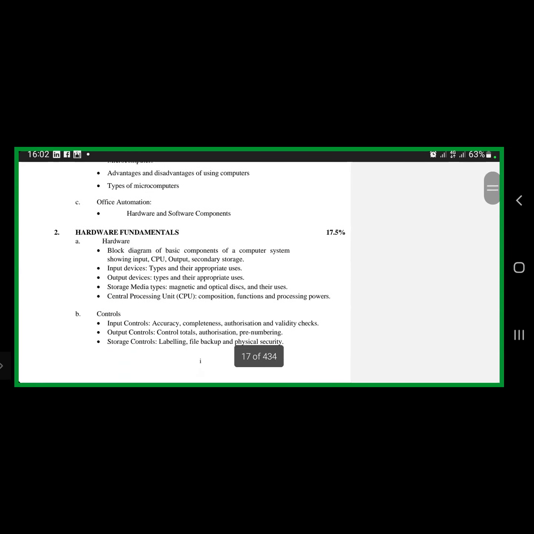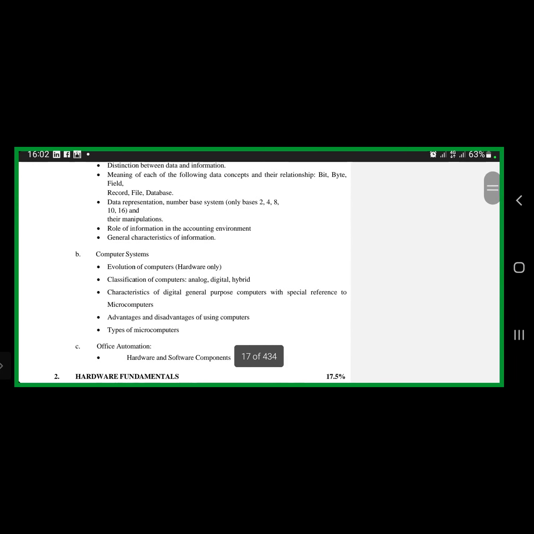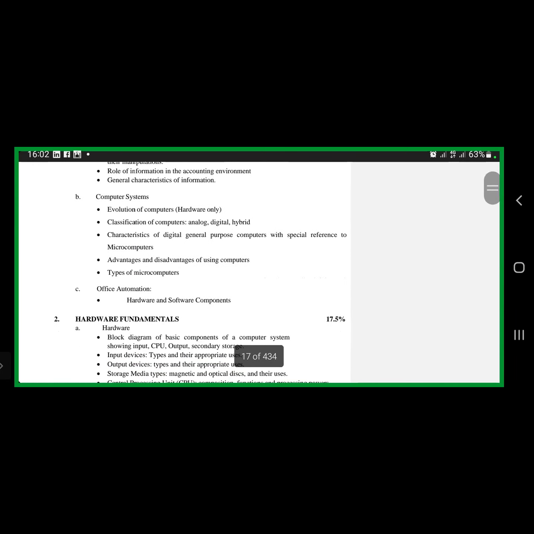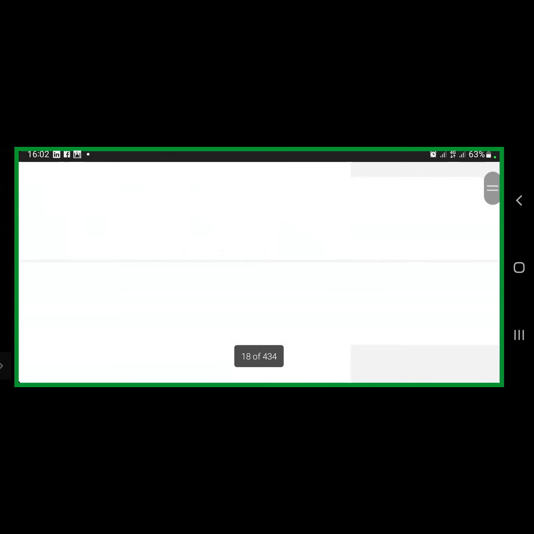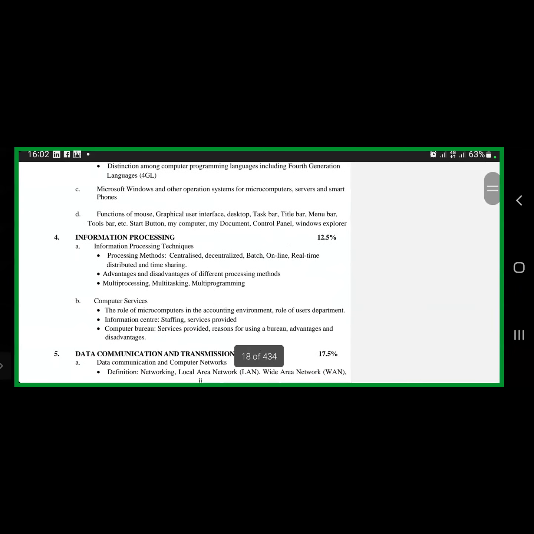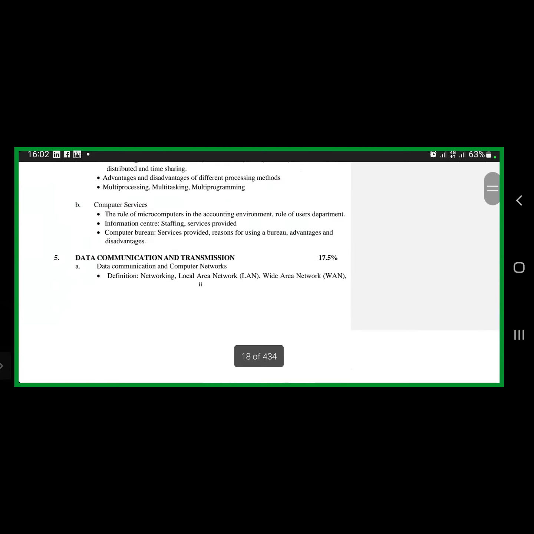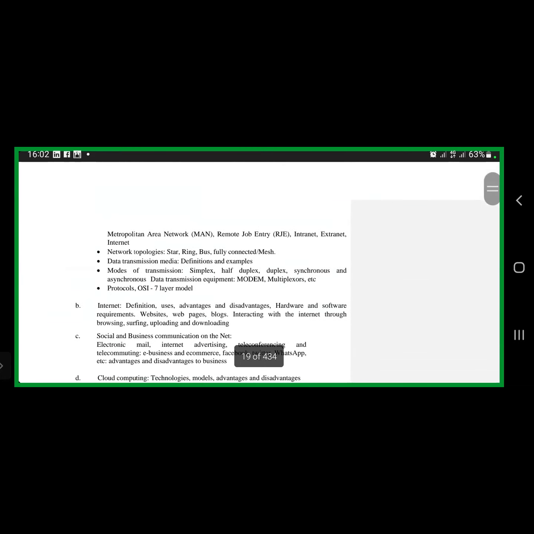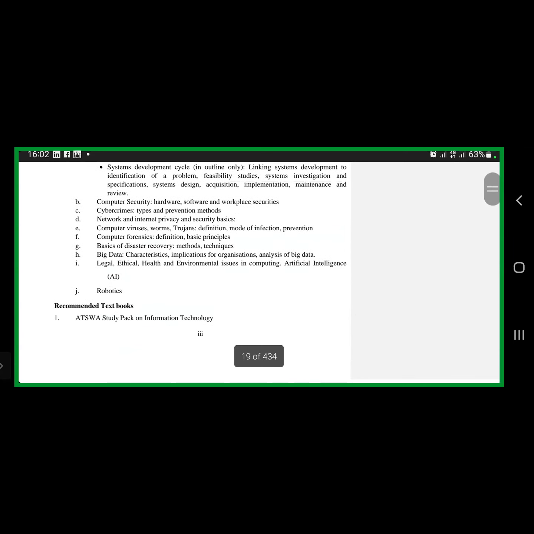So that is it. Here shows the breakdown of the different chapters and the marks each attracts. Most of them are 17.5%. Only information processing is 12.5%. The other ones are 17.5%. So almost equal.